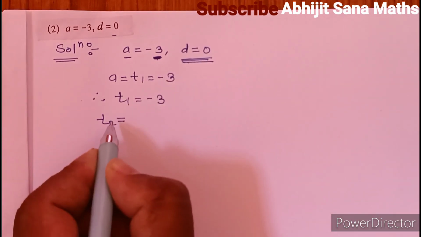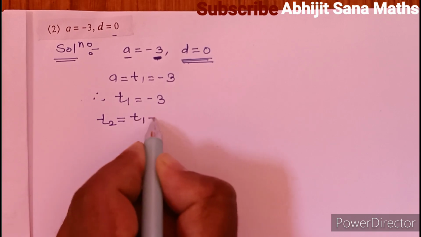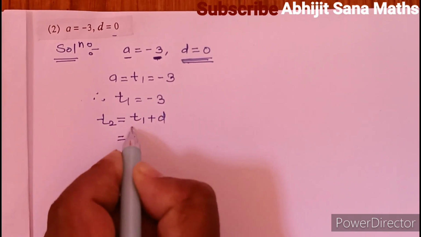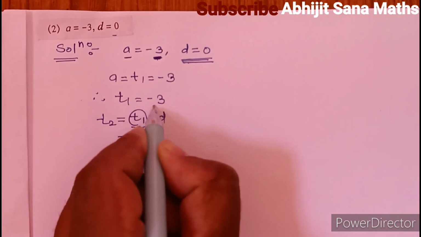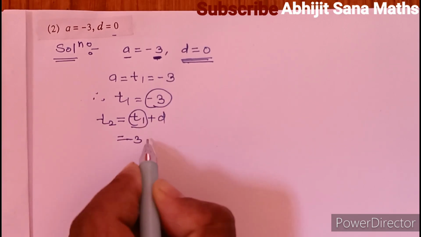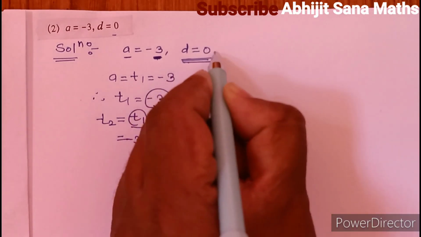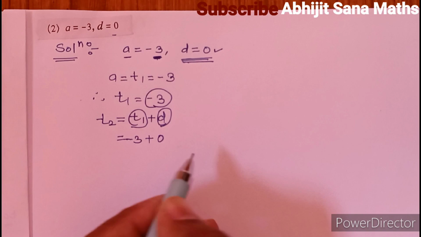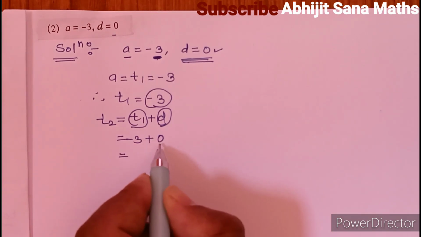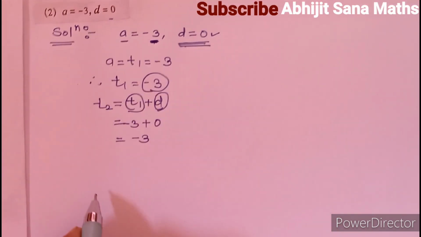Now for the second term, T2 equals T1 plus D. The value of T1 is minus 3, put minus 3 plus the common difference D, which is 0, so minus 3 plus 0 is minus 3.